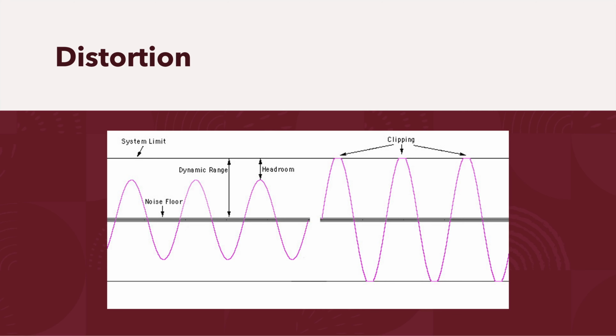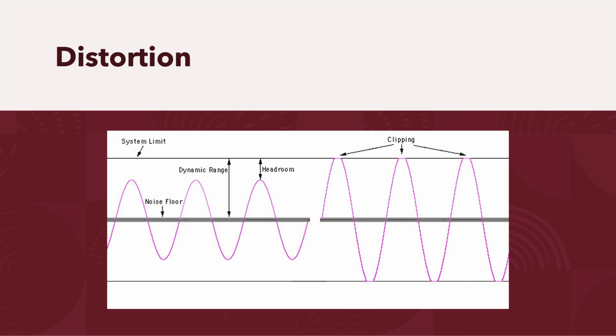And we see a diagram here of a waveform. On the left, let's say that the waveform has 0 gain on it, and that gives it what we would call headroom, the space between the loudest points of the waveform and the system limit.